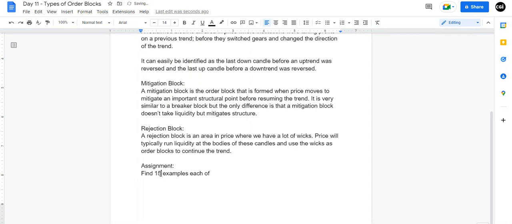For your assignment, find 15 examples each of all the order block types we discussed.